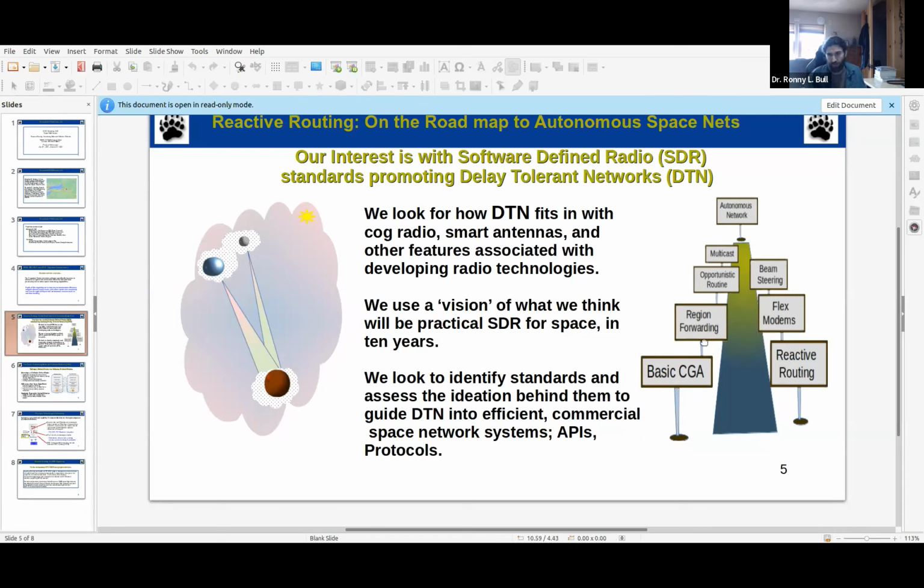This gets into Scott's ideas of regions in terms of how the IPN is going to be laid out going forward. Flexible modems. These are modems that are actually able to be controlled by software, be changed by software down the road, updated. Then we go into opportunistic routing, where we're looking at information based upon our radios, what we're getting from the physical layer, the information on bandwidth, if a link is better characterized than the other one, if we have better metrics for one over the other, and basing our routing on that.